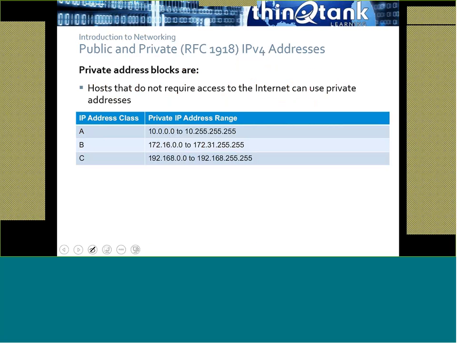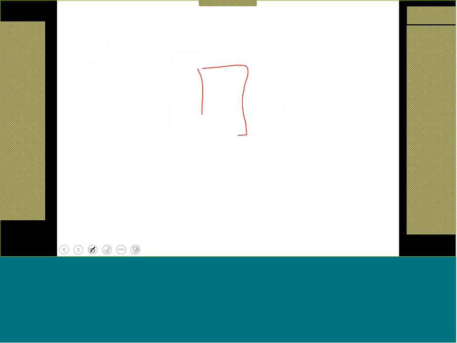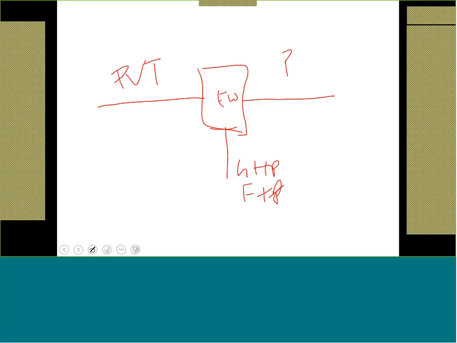Now, the way that works in a business is you have probably a firewall at the edge of your network. That firewall has an outside interface, an inside interface, maybe a DMZ, where you have your public servers. Maybe you have an HTTP server here, FTP server, or whatever. What happens is the service provider, it's the same concept. It's just a bigger scale. This is private. This is public, right? And the service provider has a public address on your firewall, but they're also sending you a block of public addresses that you can assign to your devices.